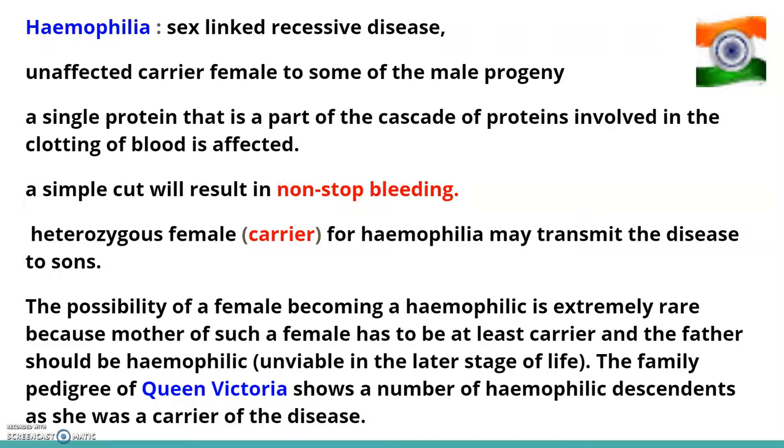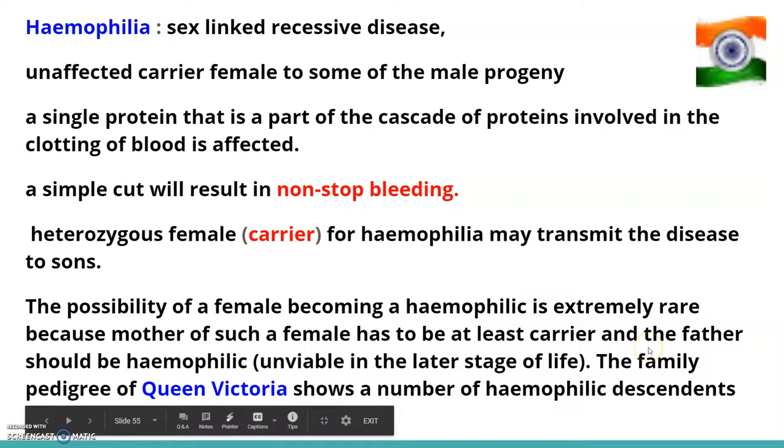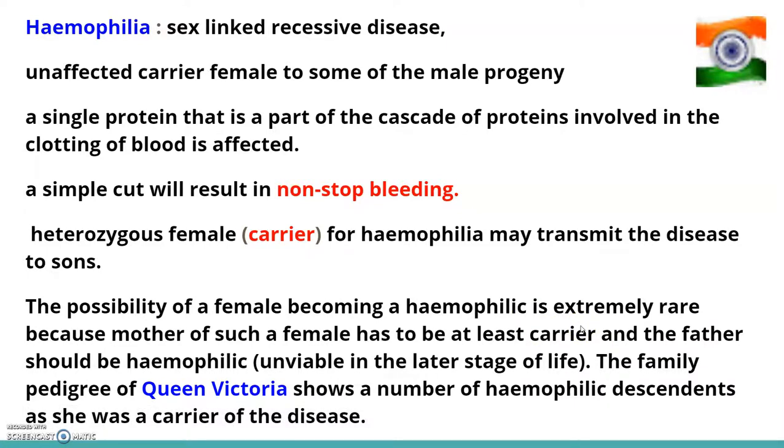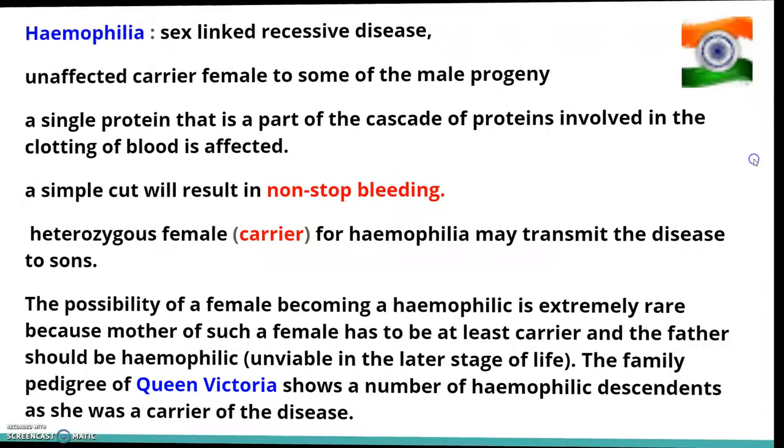So females being hemophilic is extremely rare, because the mother of such a female has to be a carrier and the father should be hemophilic. Only then is the female hemophilic. The family tree of Queen Victoria shows a number of hemophilic descendants, and she was a carrier of this disease, hemophilia.